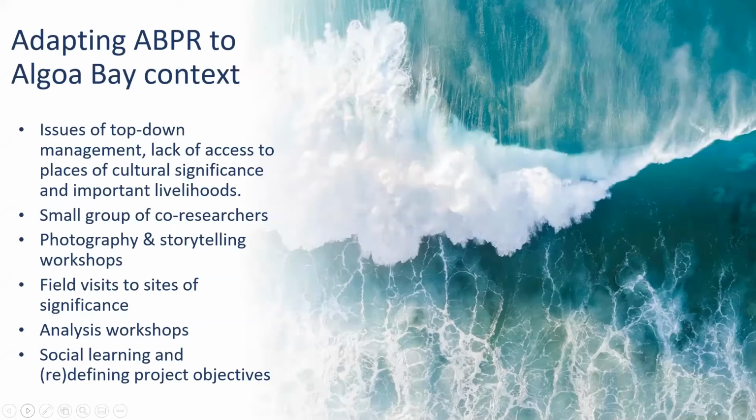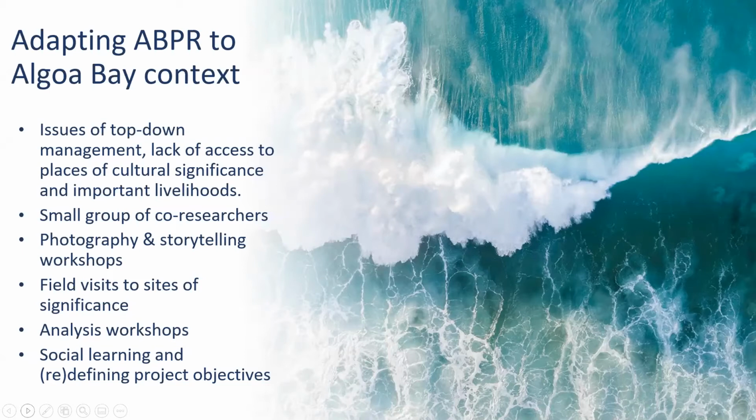So, adapting the arts-based participatory research to the Algoa Bay context. Just with any research, it's very important to contextualize the work that you do, and when it comes to participatory research, it's even more important. So to have real participation, you need to know the context that you're working in and make sure that the context influences what the research is all about.